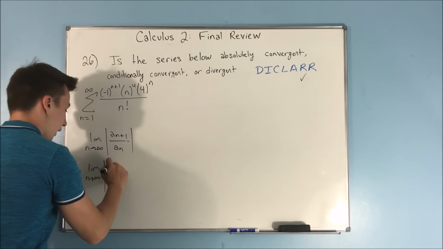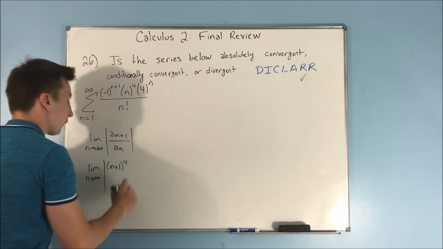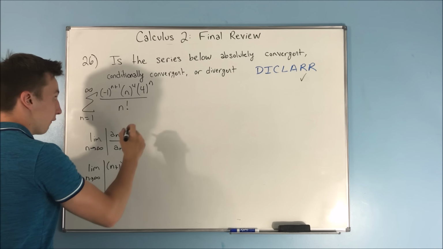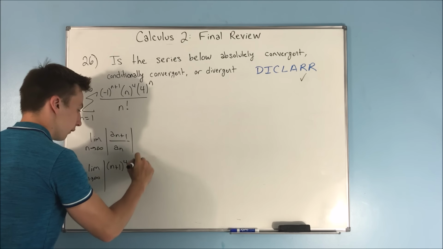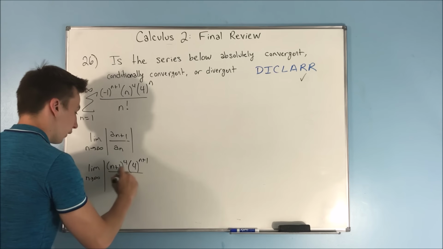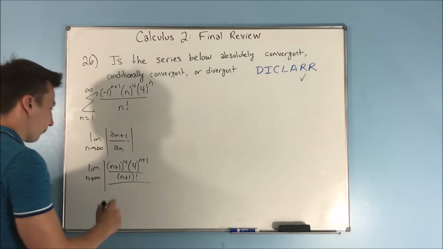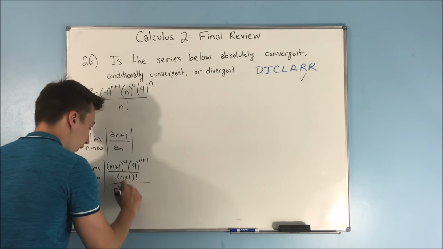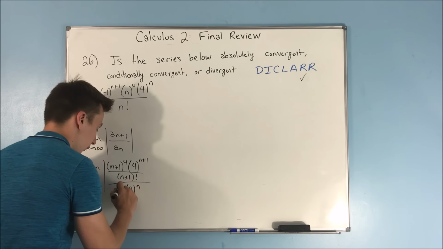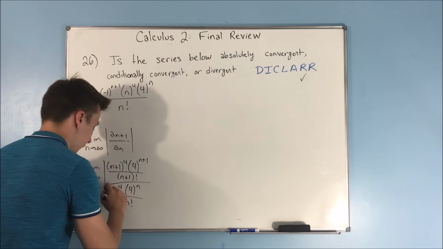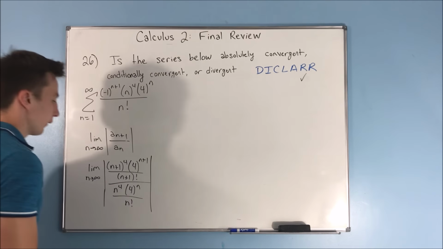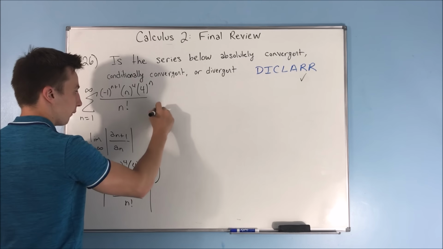So here we have (n plus 1) to the 4th power times 4 to the n plus 1, and that's going to be over (n plus 1) factorial. This will all be over n to the 4th times 4 to the n over n factorial. Okay, so now we can clean this up.